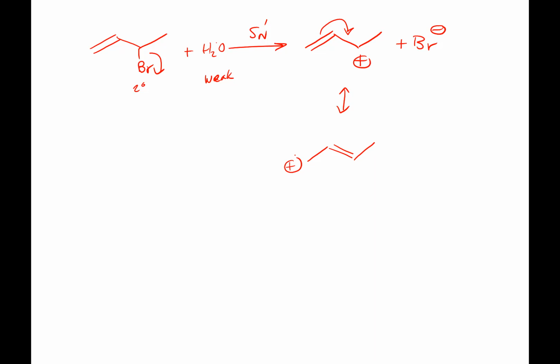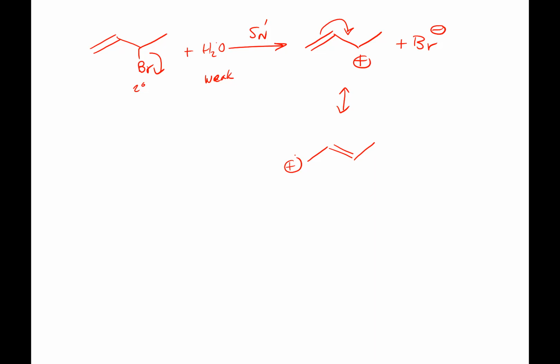Now, what's the real structure of that carbocation? Is it the top one, the bottom one? It's a mixture of both. What would we call that? The resonance hybrid. So the true structure of this carbocation is the resonance hybrid.